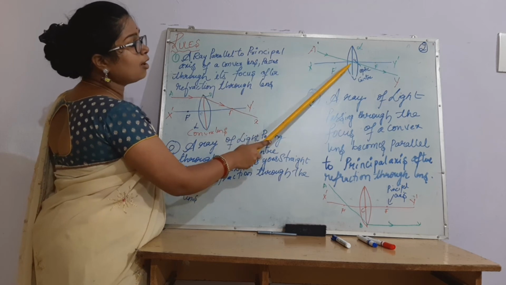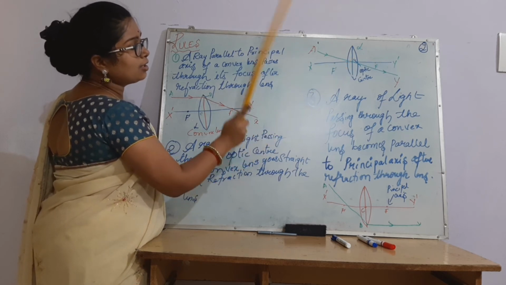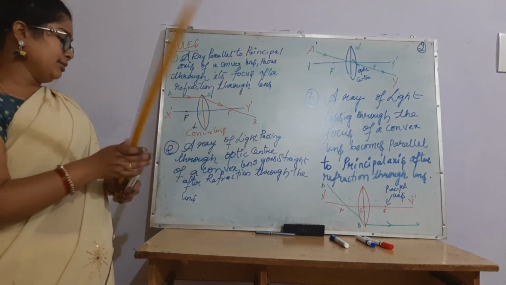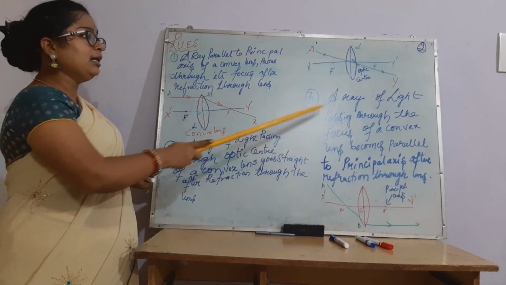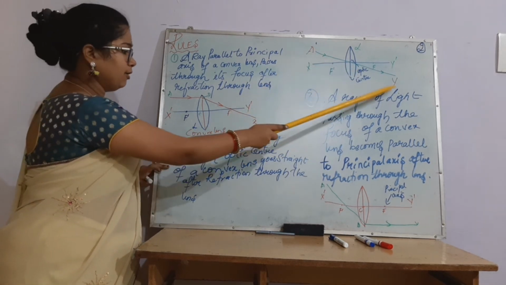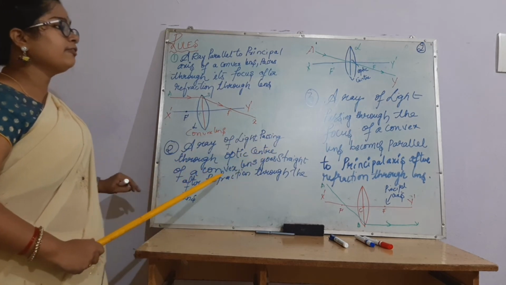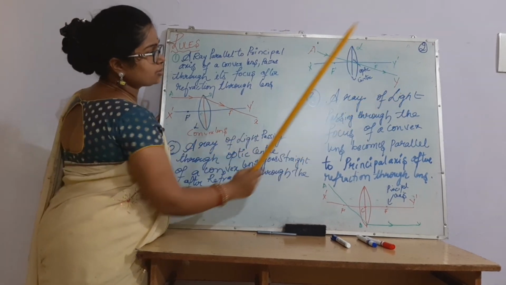AY does not suffer any deviation. Did you notice the point? It does not suffer any deviation. After refraction through the lens, it goes straight.